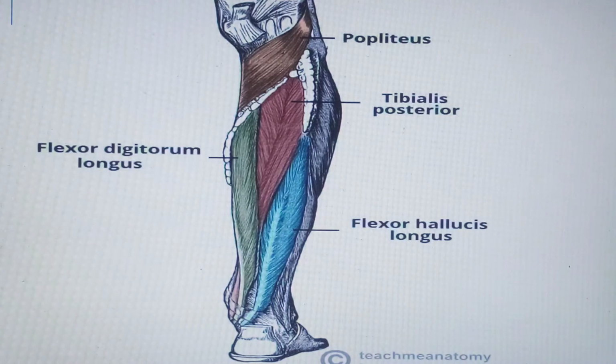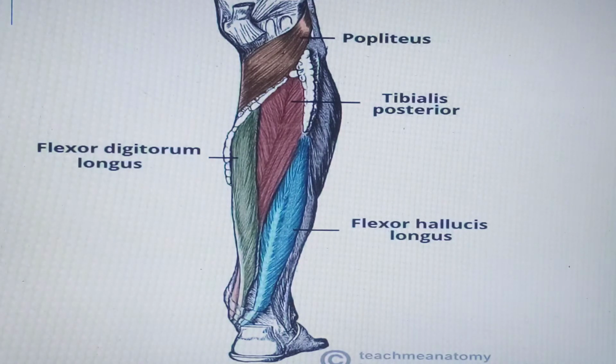It will insert on the calcaneal bone via the sustentaculum tali. Then it will also run along the foot, deep to the tarsal bones as well as the metatarsals, and make these insertions.